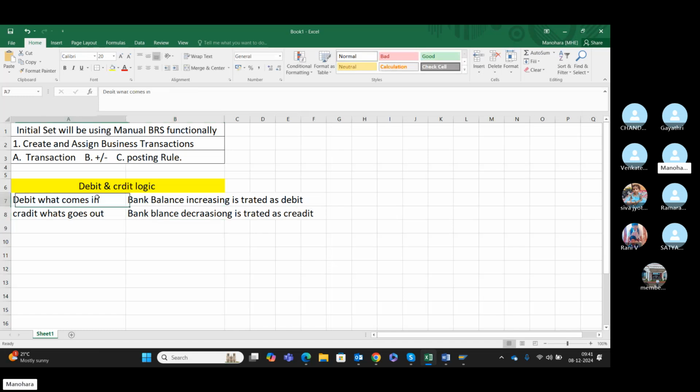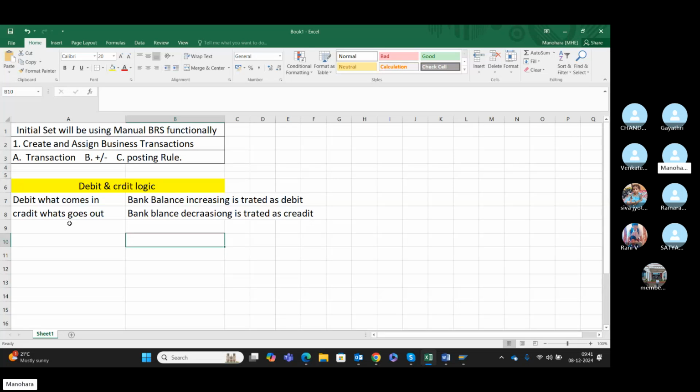Is it right? As per our accounting rule, is it right? So debit is what comes in, credit is what goes out, as per accounting rule. So bank balance increasing means debit, and bank balance decreasing means it's a credit, right?